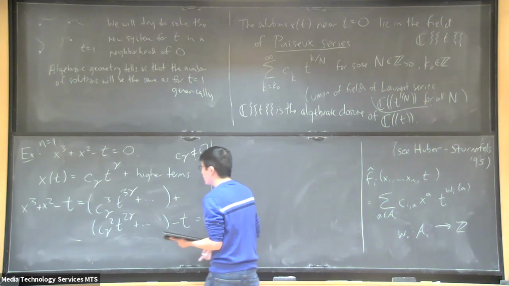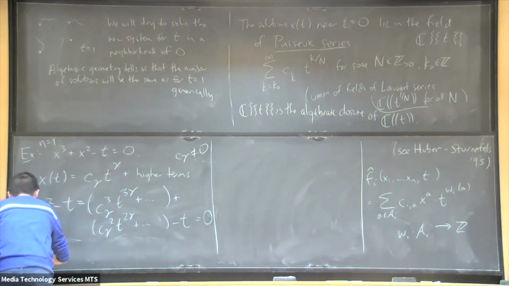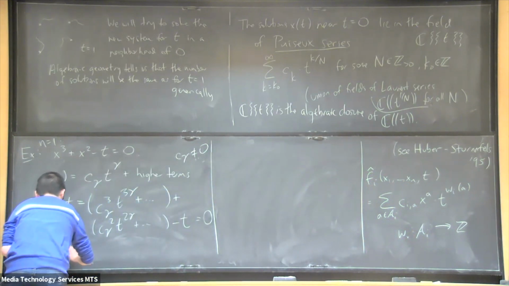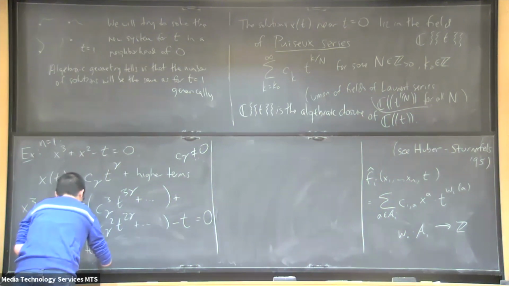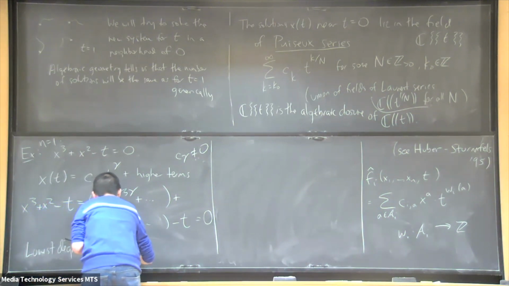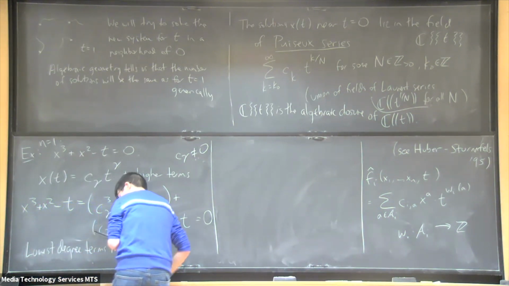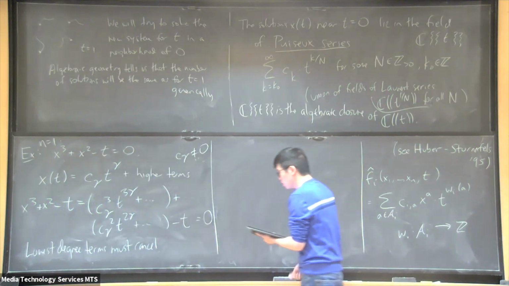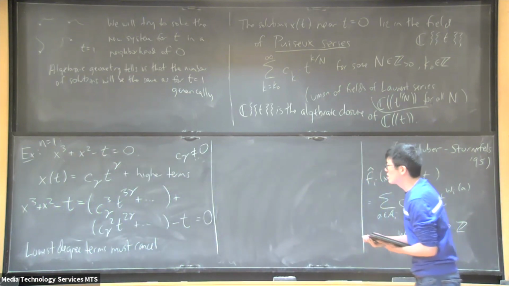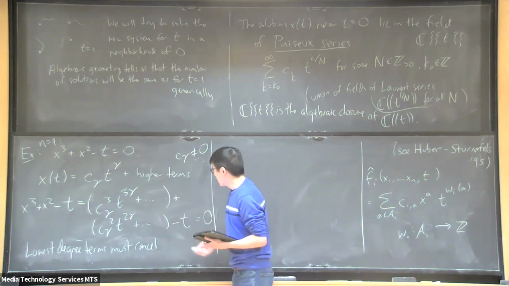Okay, so the lowest degree terms must cancel. How can the lowest degree terms cancel? There are 2 possibilities.